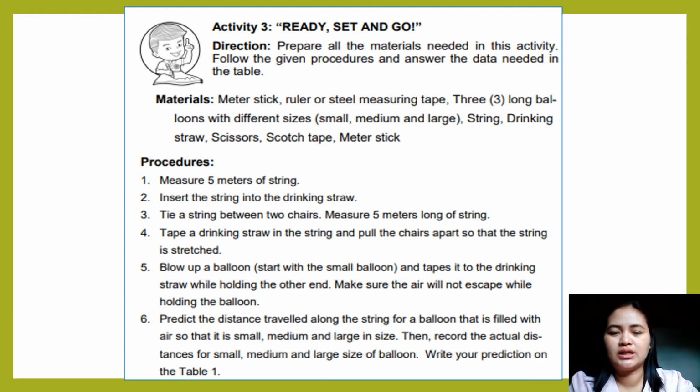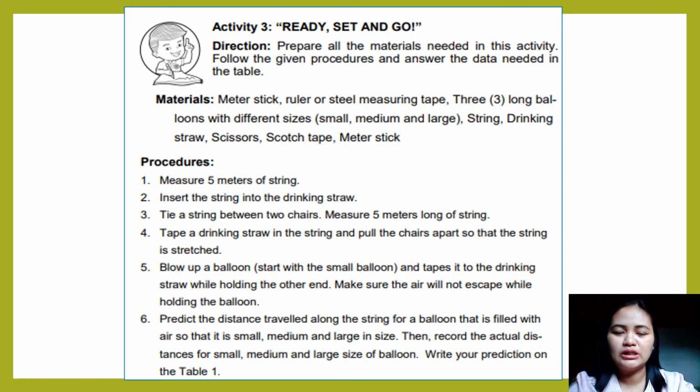And then, you need your string, tali. So, pwedeng straw or yarn. Mas maganda yung yarn. Then, you need your drinking straw, scissors, scotch tape, and meter stick. Parang ang hirap intindihin kasi ang daming nakasulat. Pero ang gagawin nyo dito is, patatakbuhin ninyo yung straw doon sa tali. So, dapat meron kayong tali na ang haba ay 5 meters.